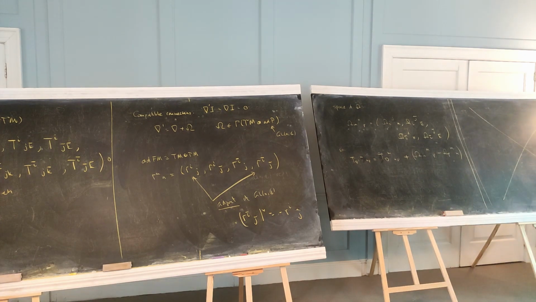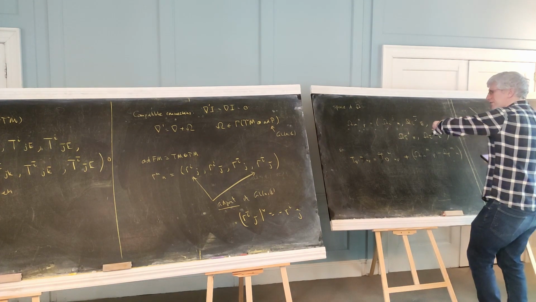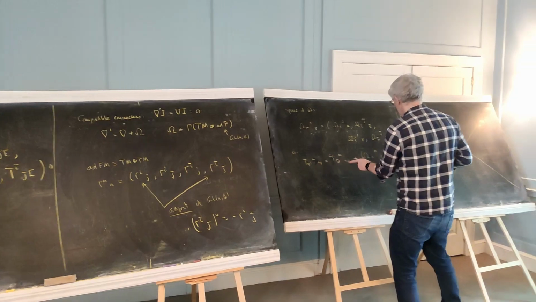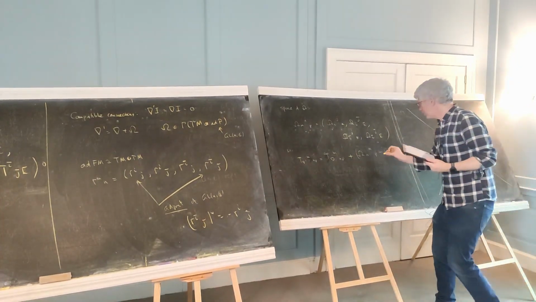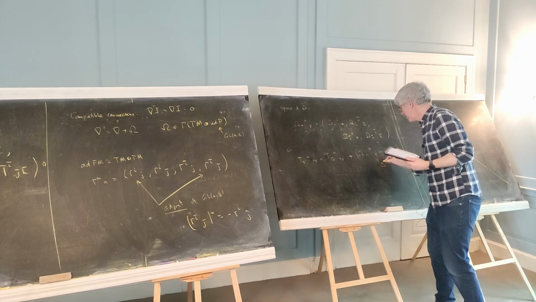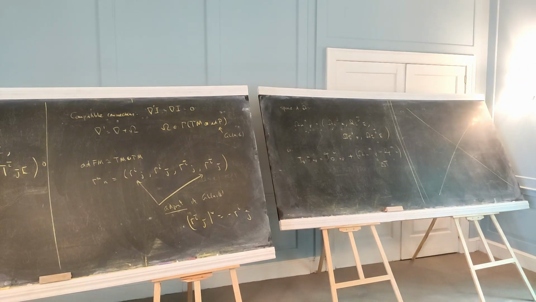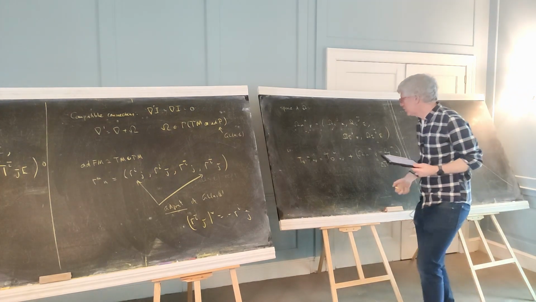That's by definition, that was what the torsion was. So when we shift the connection by omega, we can shift the torsion by this much. So let's call this the change in the torsion.